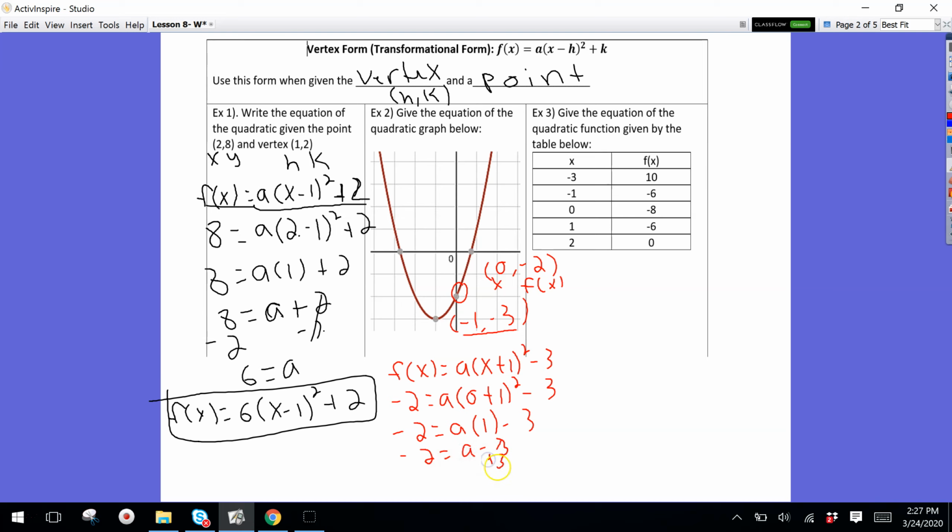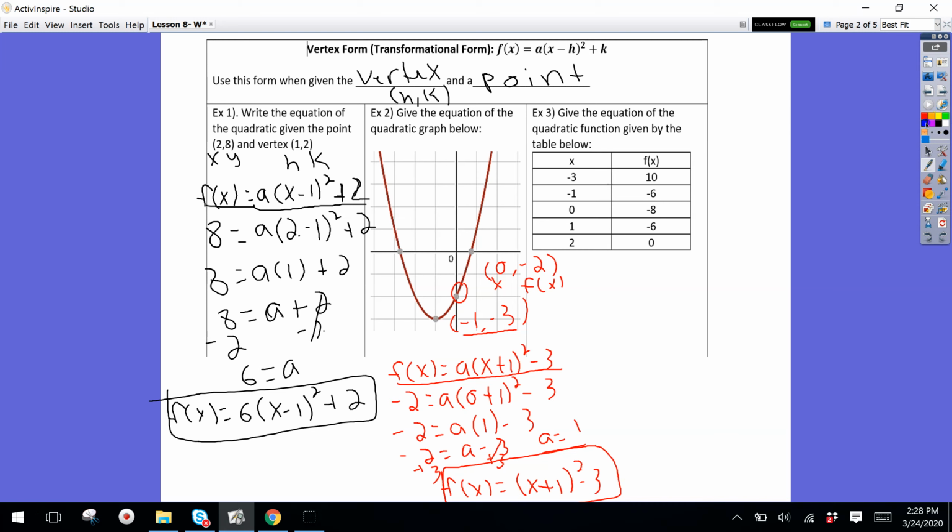Add 3 to both sides. And we have that a equals 1. Now, we need to go ahead and plug that back in to here. But again, when you have multiplying by 1, we don't actually need to write that. So we're just going to write f of x is equal to parentheses x plus 1 squared minus 3. So the 1 here obviously is there, but I don't need to go ahead and write that.